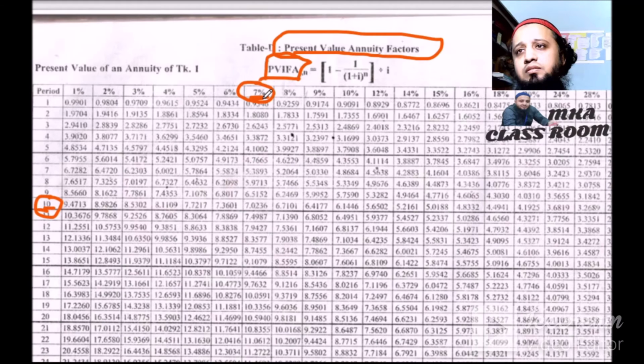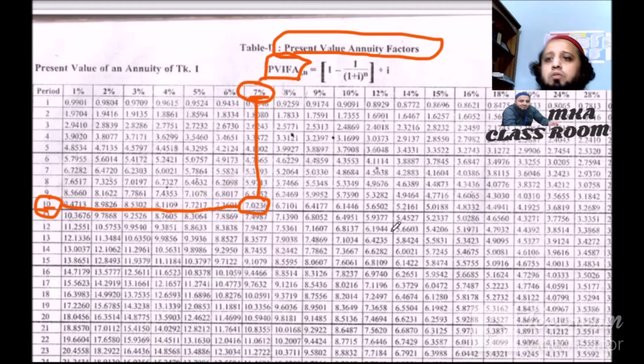Where they intersect, that would be our required value, 7.0236.